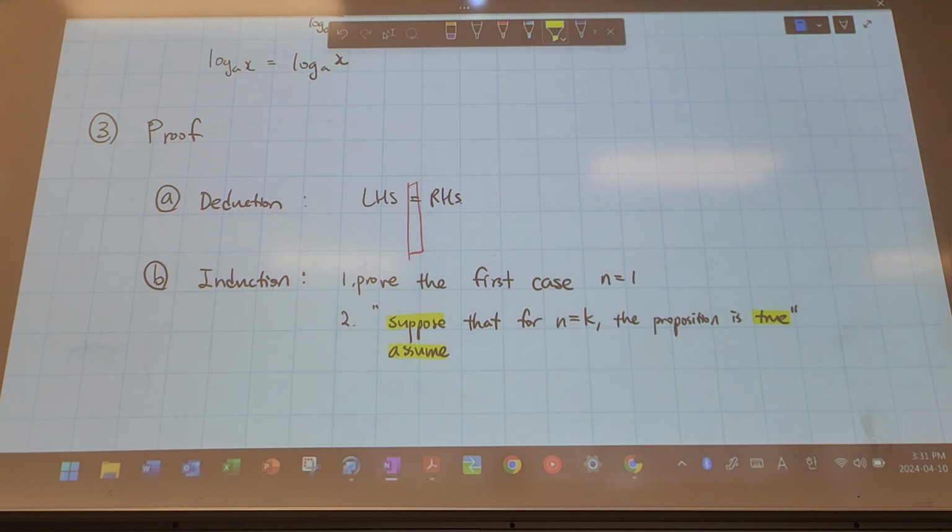Suppose that, or assume that for n equals k, the proposition is true. So make sure you have that vocabulary in there. And then lastly, you're proving the proof for n equals k plus 1, the next step, using n equals k.